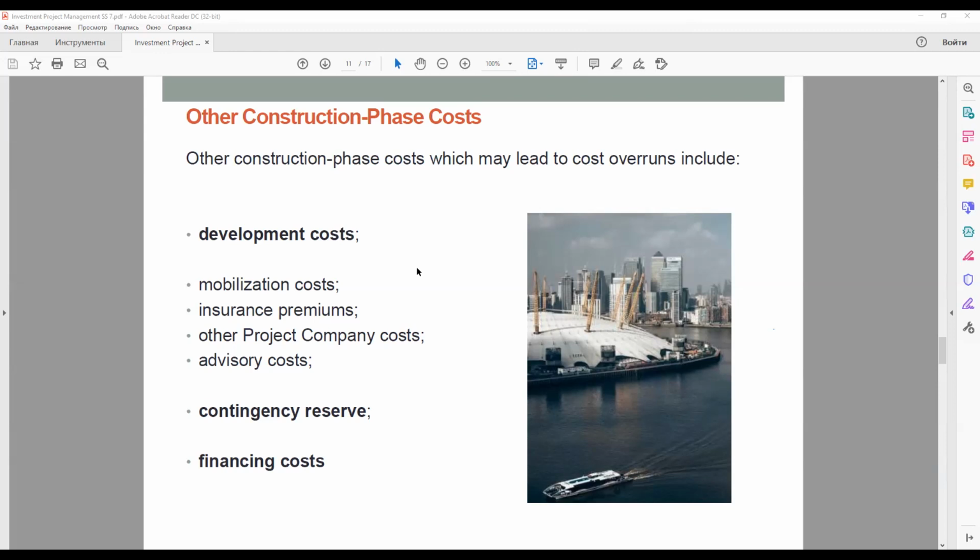So that's the case in real life, but in huge construction projects we have a contingency reserve of 10%. That is good.